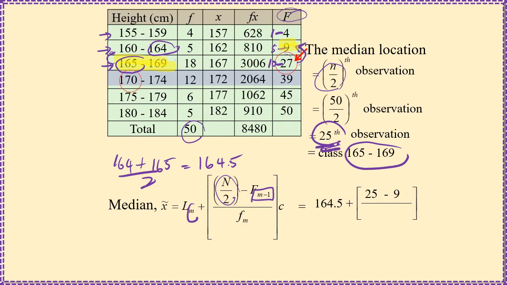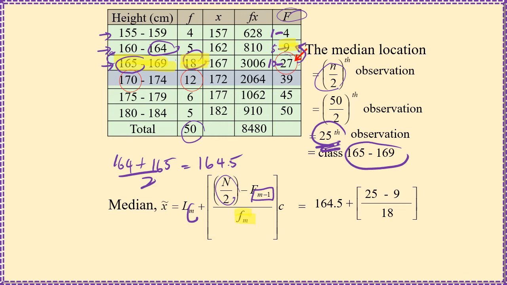And then what is the frequency? The frequency of the median class. Not cumulative but small f. So the frequency of the median class is equal to 18. So divide by 18 and then multiply by C. So what is C? C is the class width. So how to find class width?